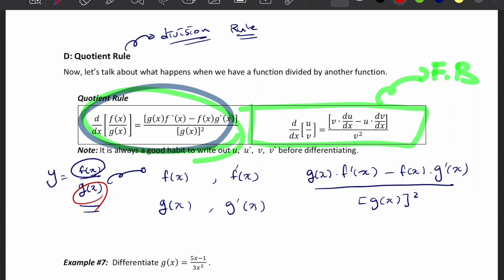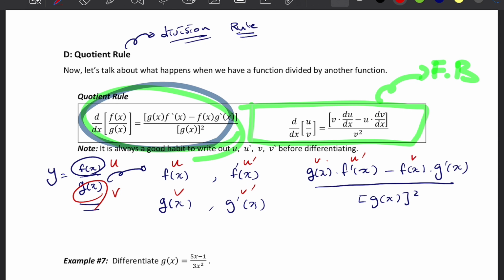You can also say that the numerator is u, the denominator is v, then find the derivatives of u and v and recombine them like this. Or you can also use the dy notation such as du over dx or dv over dx.